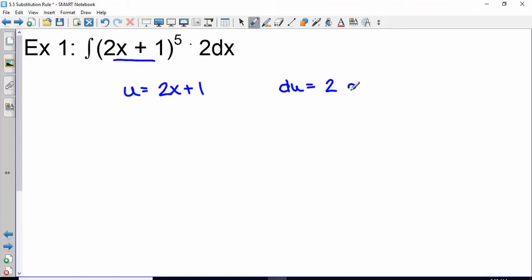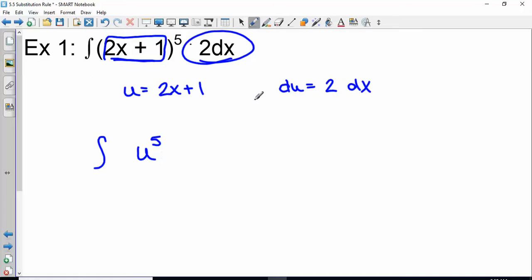And I'm going to write a dx with it because we did the derivative of x. So then, when I rewrite this integral, this 2x plus 1 is going to get changed to u, and 2 dx is equal to what? du. Does everybody see how I make that substitution?